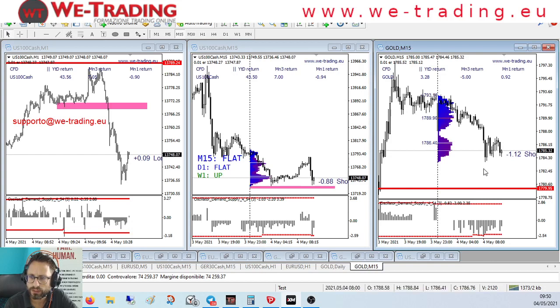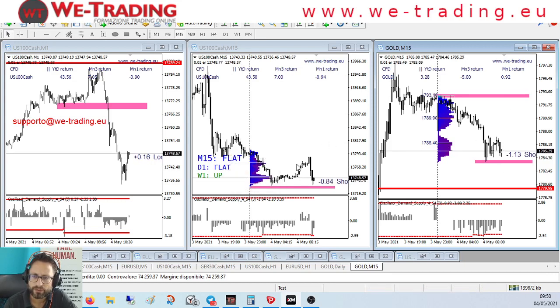On gold we have a similar setup where we can set a support here, okay, and a resistance here at this level. So prices for now can play in this area, and we will set up the scalping in this area.